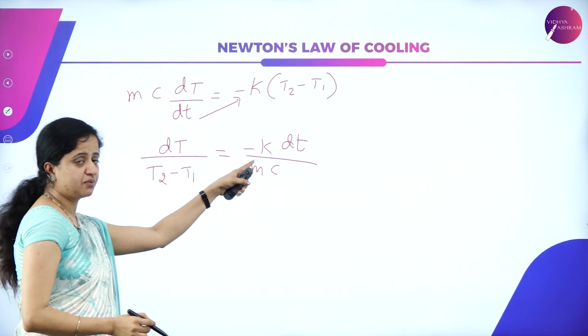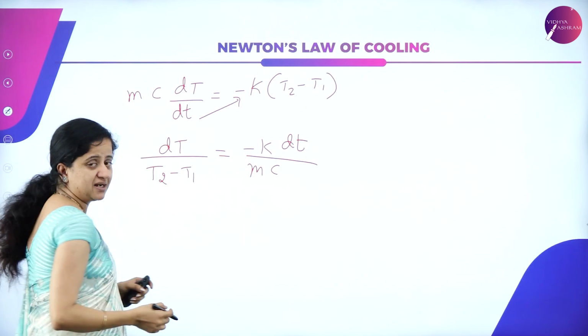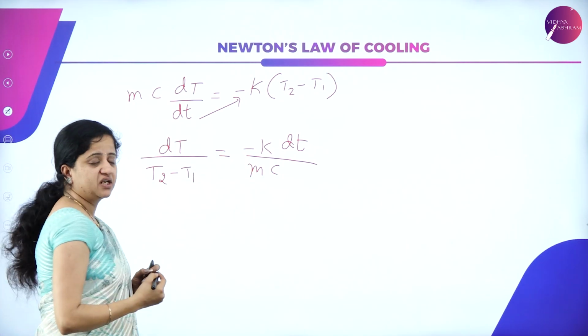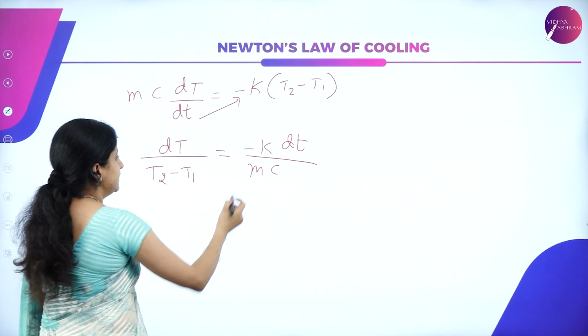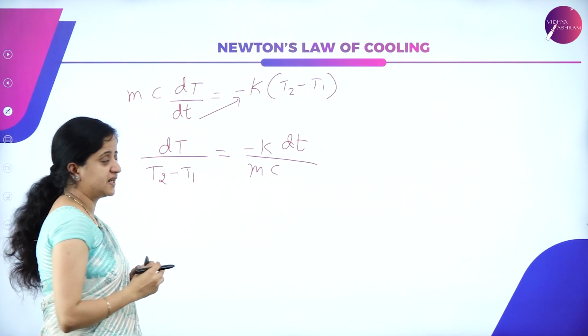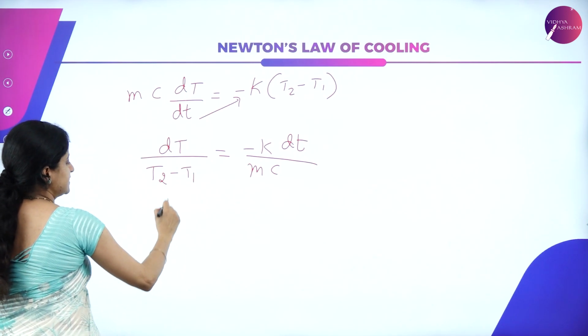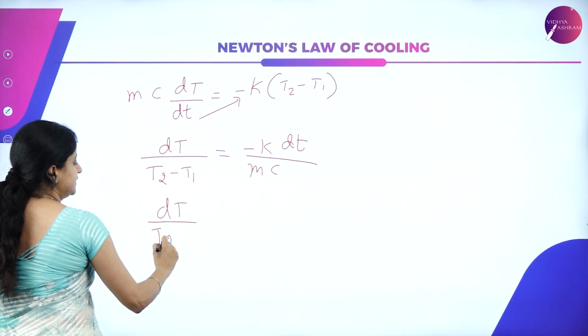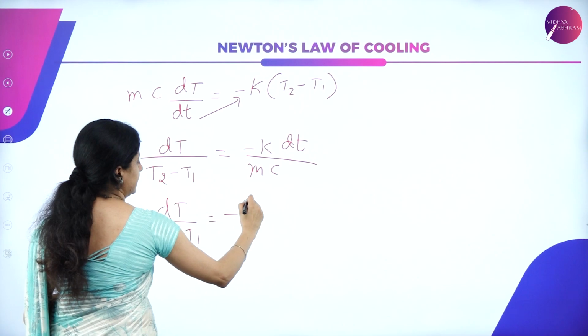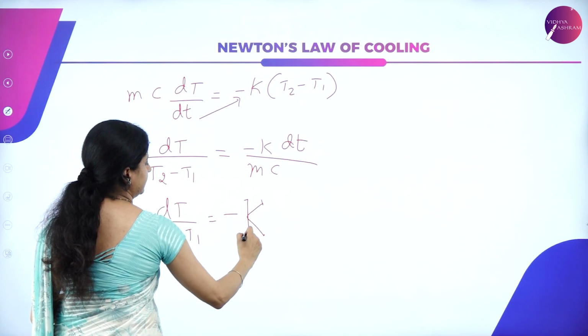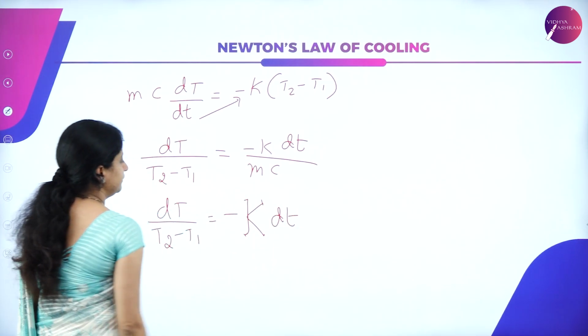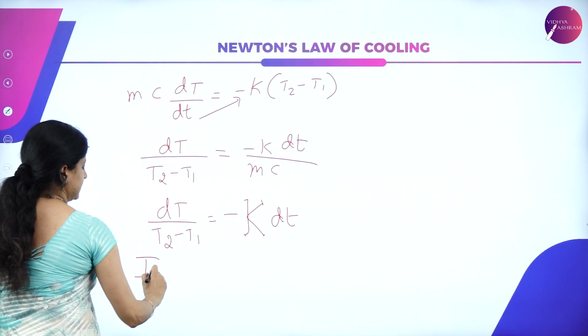Here k is the proportionality constant, m is the mass of a substance, and c is the specific heat capacity of a substance, and these three values are constant. Since all three are constants, I can replace them with one constant term, capital K into dt.